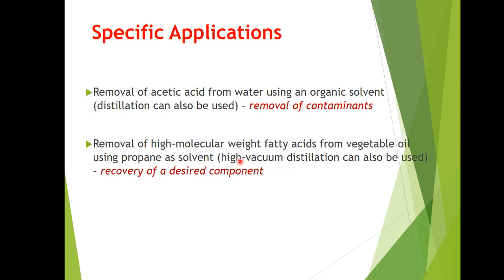Again, ordinary distillation could be used, but this one is even more energy intensive, so they would rather use liquid extraction in this case. In the first application, we are trying to remove a contaminant, that is acetic acid. In the second example, we are trying to recover a desired component, which is the fatty acid from vegetable oil.